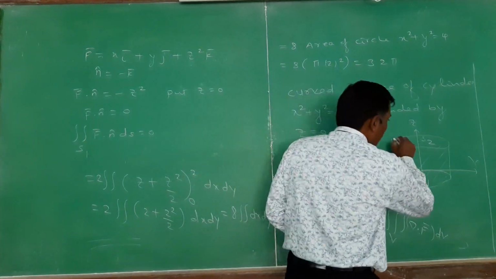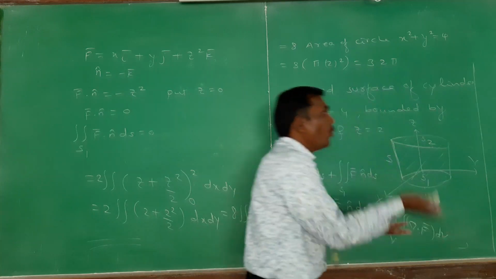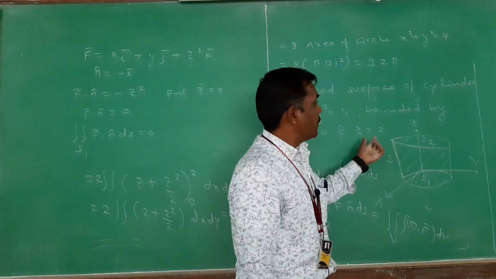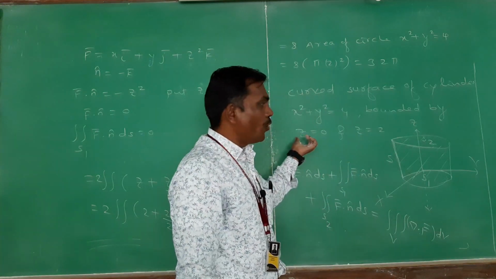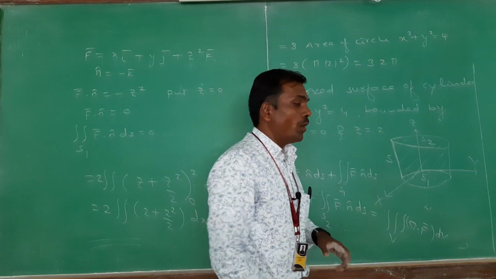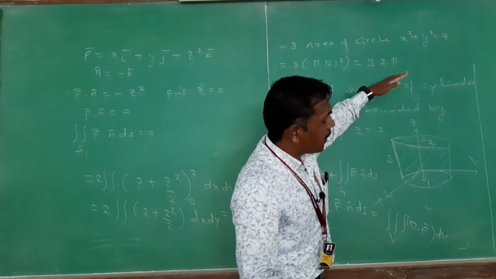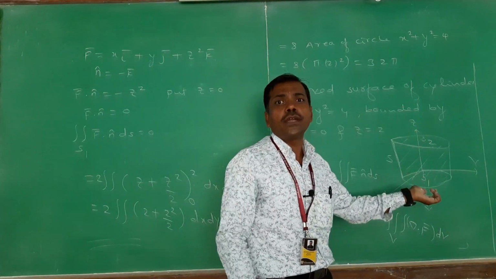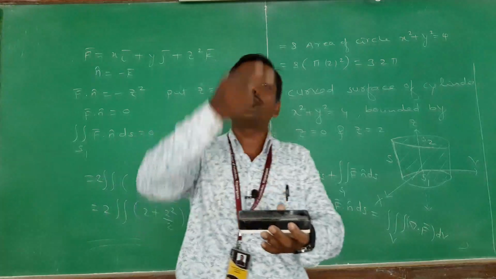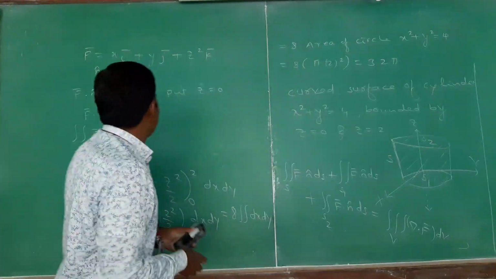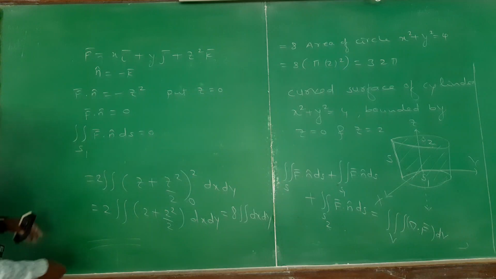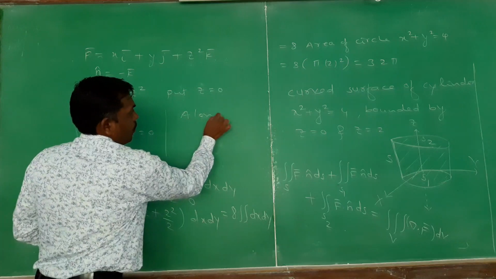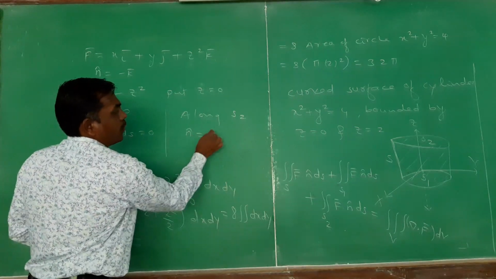See that carefully: s2 is above the xy plane along the z axis, and z equal to 2. The value of z is 2. Just like z equal to 0, we have to substitute z equal to 2. If it lies above the xy plane along the z axis, the z axis itself is perpendicular to it, so n cap is equal to k bar.